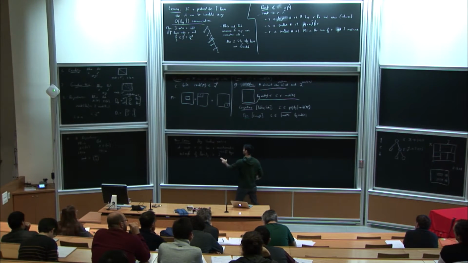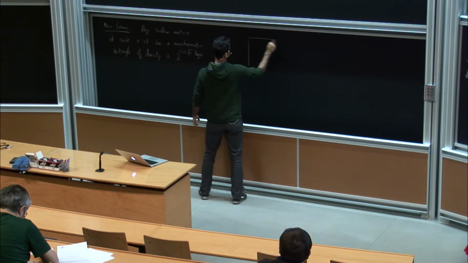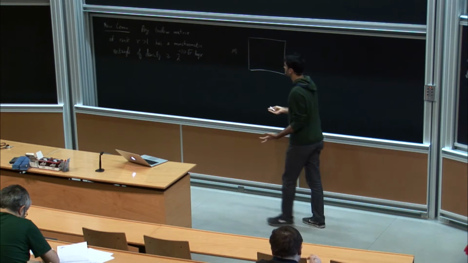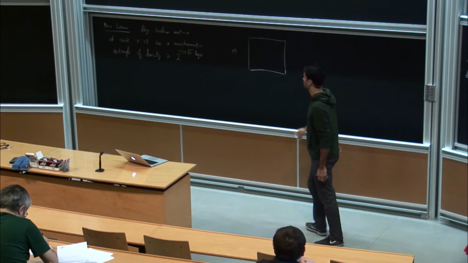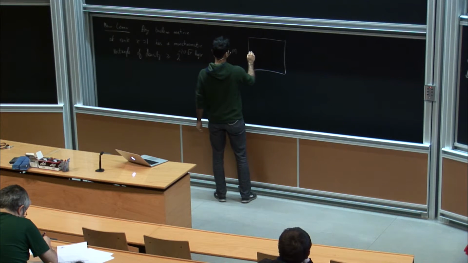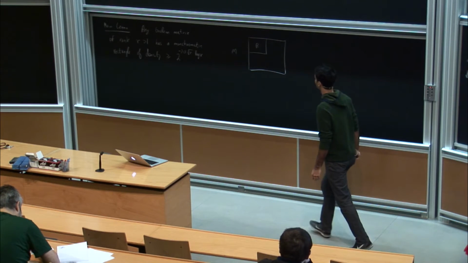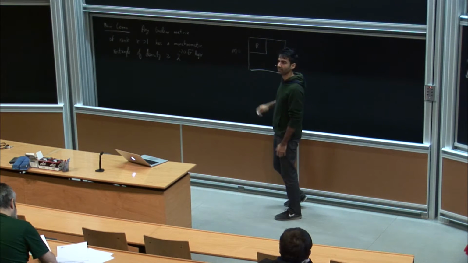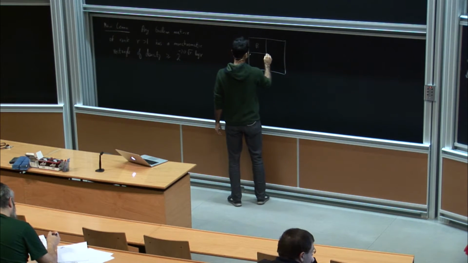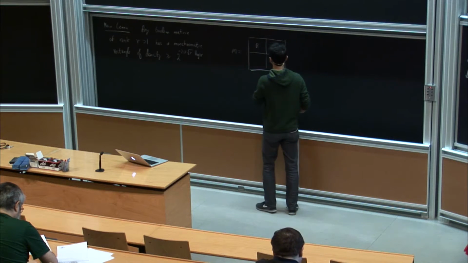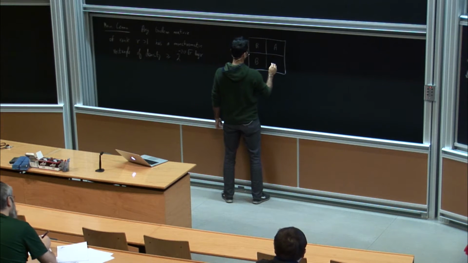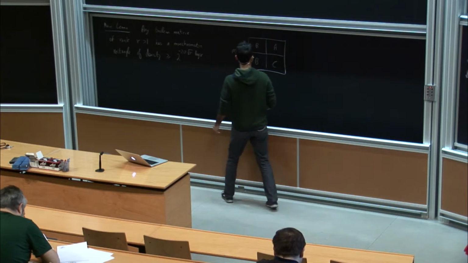So suppose you have the matrix M, and you found a rectangle that's large, that has this density. So let's say this is that rectangle. I can rearrange the columns and rows to put the rectangle in this position. And now let's call these parts A, B and so on.